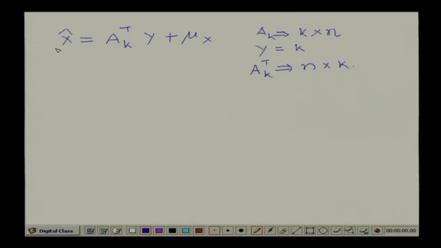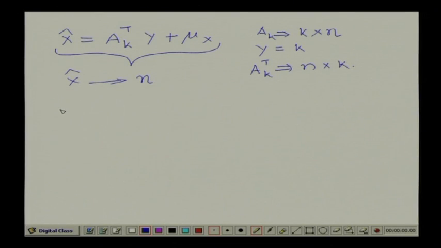So, you find that this inverse transformation gives me the approximate reconstructed x, but the dimension of x hat, which is the approximation of x, is same as x, which is of dimension n. So, by this inverse transformation, I get back a vector x hat, which is of same dimension as x, but it is not the exact value of x; this is an approximate value of x.